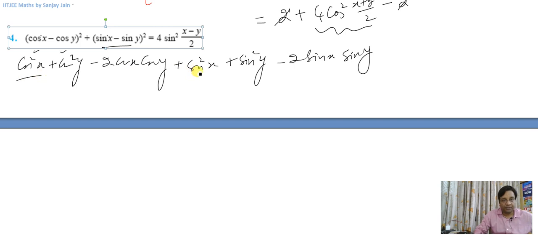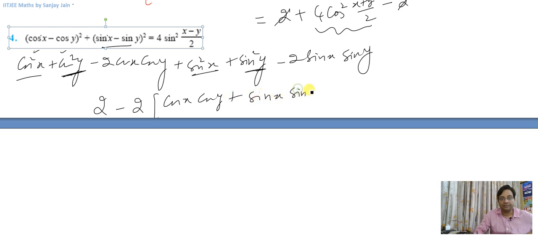This plus this is 1, this plus this is 1, so I'll write 2 in place of these, minus, if I take 2 common, I'll have cos x cos y plus sin x sin y, which is an expression for cos (x minus y).